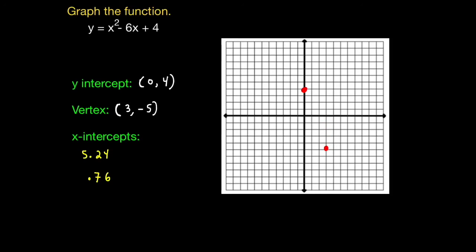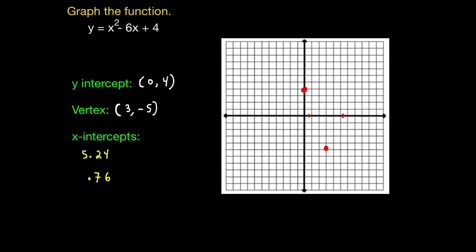Next, we are going to plot the x-intercepts, so 5.24 and 0.76. We're going to have to use our best judgment here and approximate that on the x-axis. So beginning with 0.76, that's going to be somewhere here. And 5.24, maybe somewhere around here.